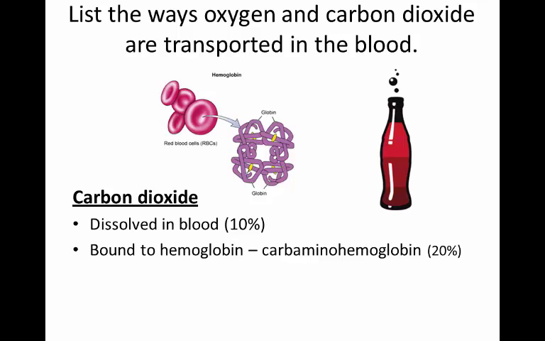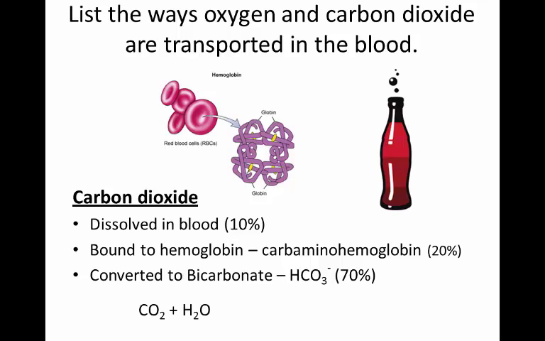The final and largest amount of carbon dioxide is transported after being converted to bicarbonate. I'm showing here a molecule of the bicarbonate ion, which is HCO3 with a negative charge of 1-. But let's take a closer look at the reaction of what goes on when the carbon dioxide gets converted to the bicarbonate ion. What happens is that carbon dioxide will actually leave the tissue, go into the blood, and chemically react with water.